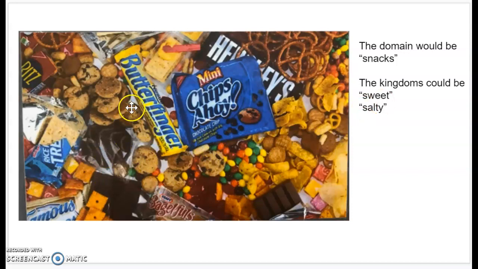The sweet group would have Butterfinger, maybe chocolate chip cookies, the Rice Krispie treats, some M&Ms, and then the salty group would have the pretzels, the chips, some crackers, and the Cheez-Its, okay? So the domain, the big picture, is snacks. The kingdoms would be sweet and salty.